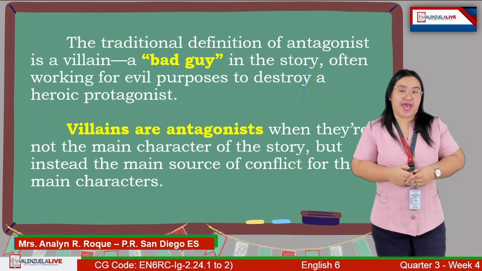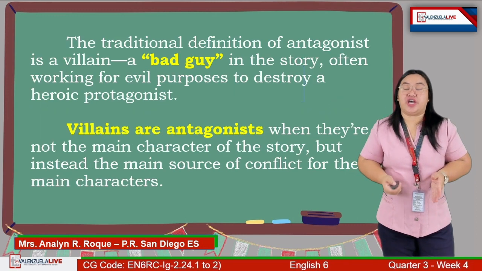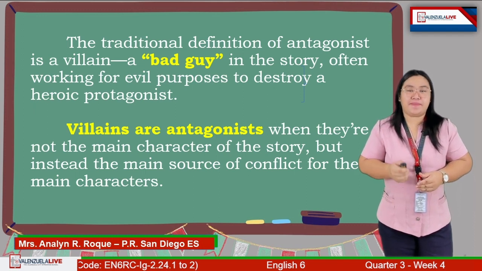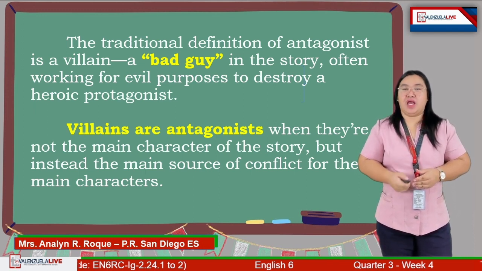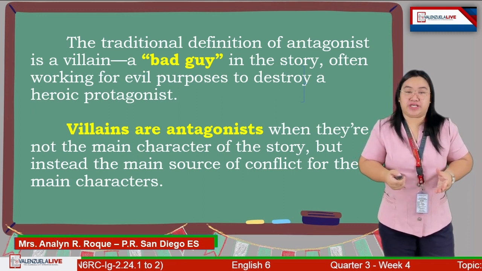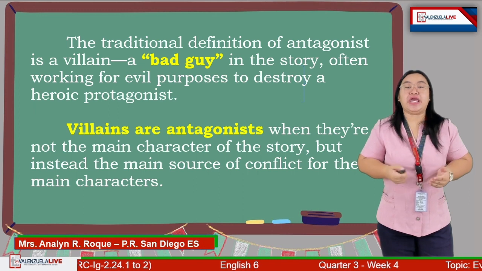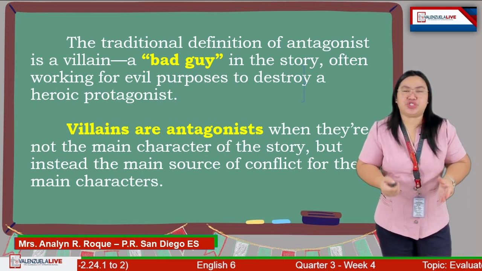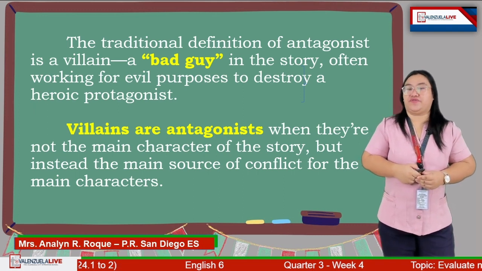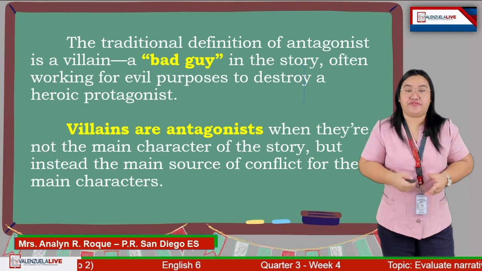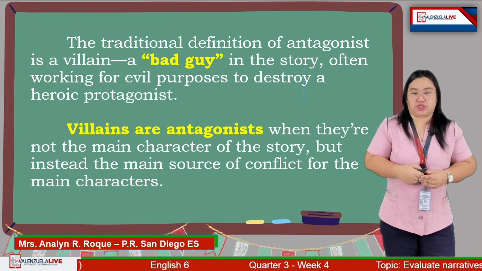On the other hand, the traditional definition of antagonist is a villain or the bad guys. Often, these villains do evil purposes or practices to destroy heroic protagonists. Villains are antagonists when they are not the main characters of the story, but instead, the main source of conflict for the main characters.